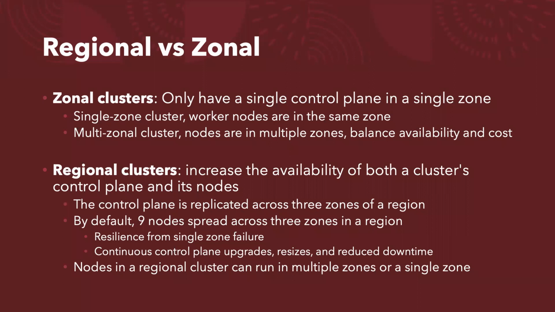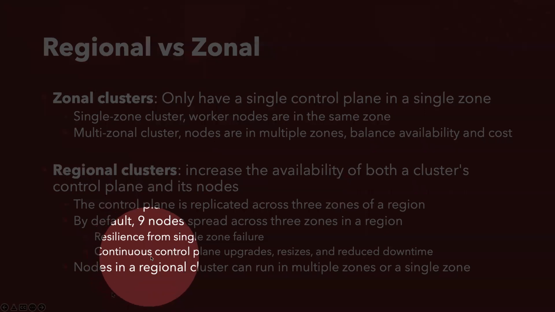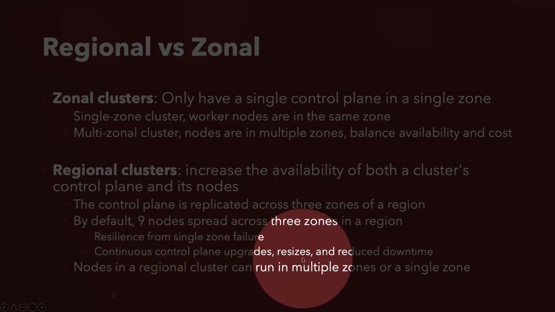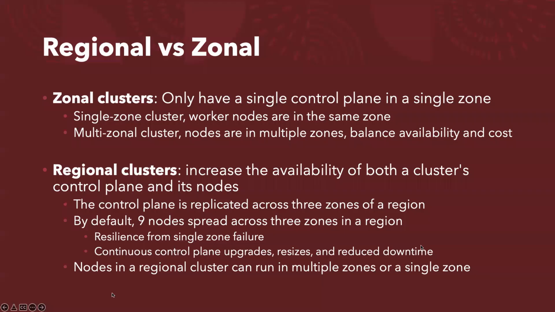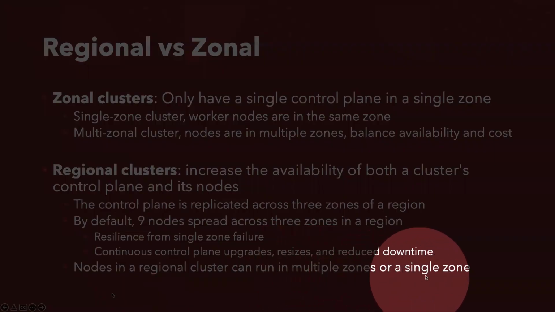You get additional benefits. Number one, high resiliency from single zone failure. You can have continuous control plane upgrades and resizes, or reduced downtime. But just to highlight, even if you create a regional cluster, your nodes can also be in multi-zone or a single zone.